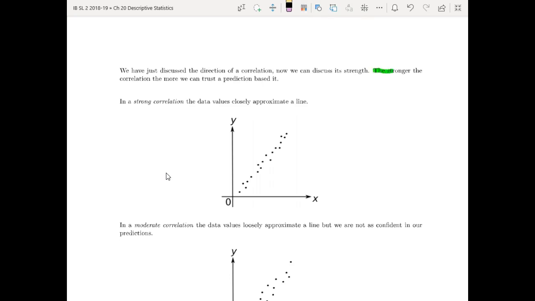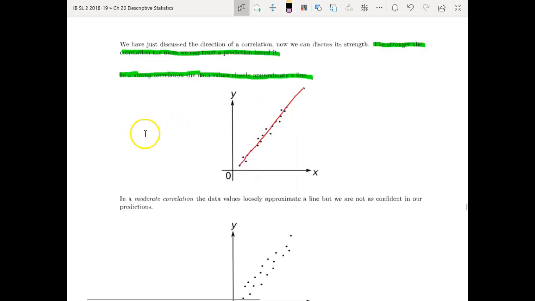The stronger the correlation, the more we can trust the prediction based on it. So, in a strong correlation, the data closely approximates a line. That data is pretty well grouped around that line.